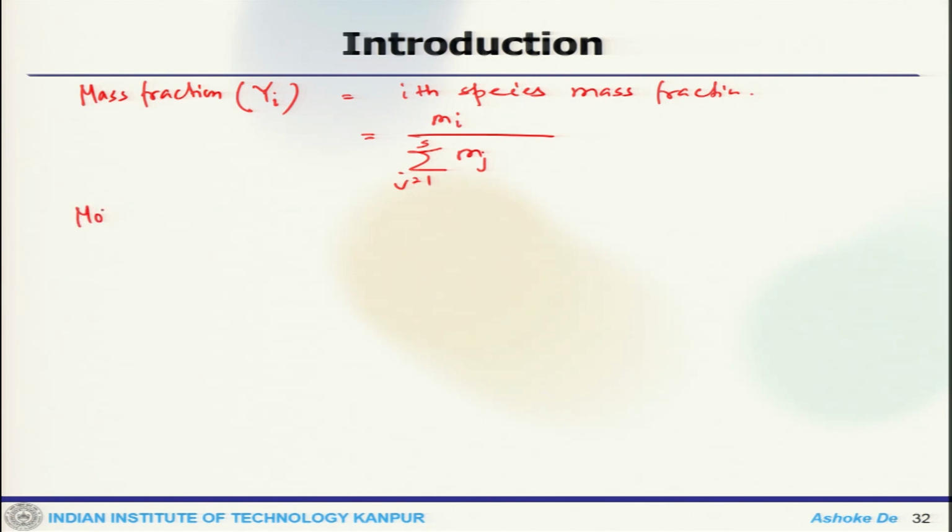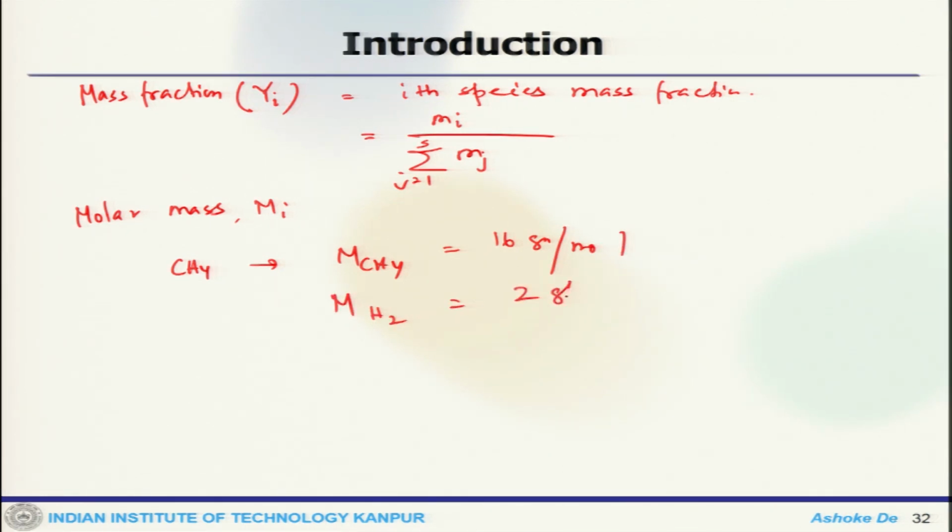Now, one can define the molar mass, or Mi. For example, the molar mass of CH4 is 16 gram per mole. Similarly, the molar mass of hydrogen is 2 gram per mole, and the molar mass of O2 is 32 gram per mole.